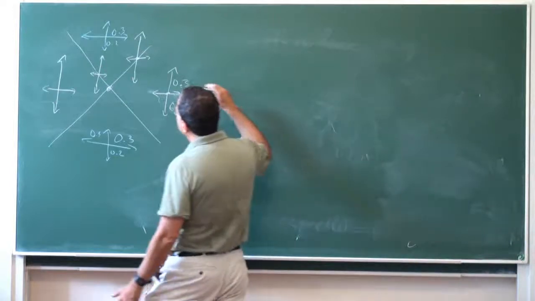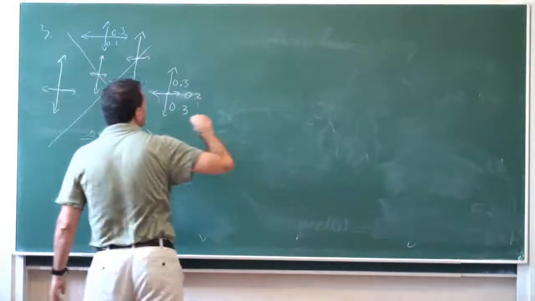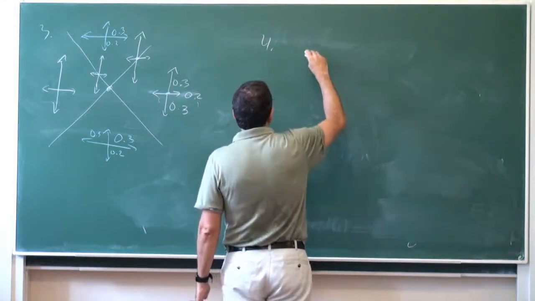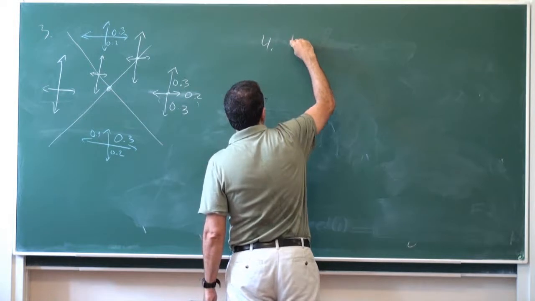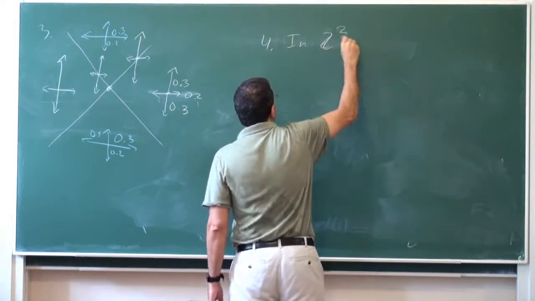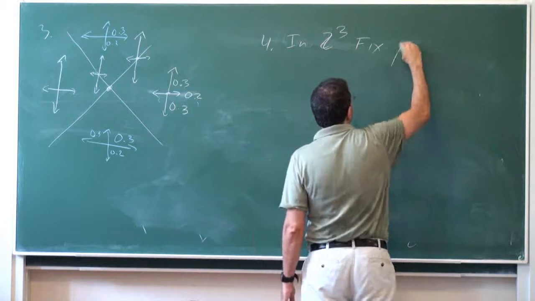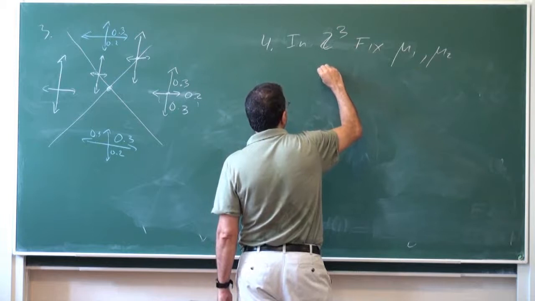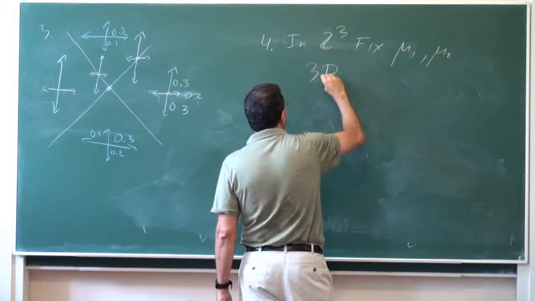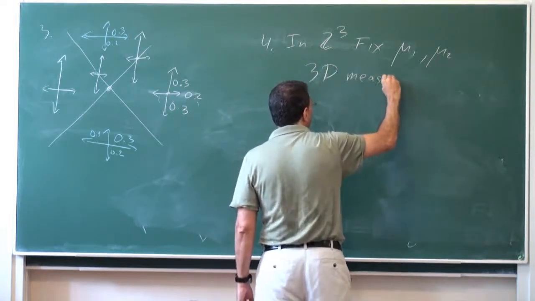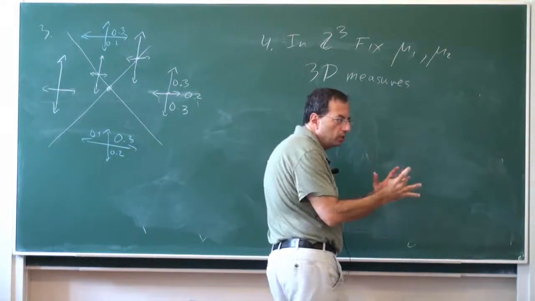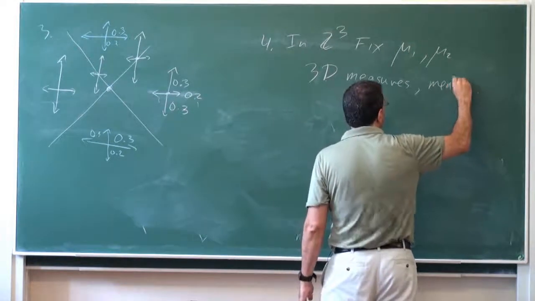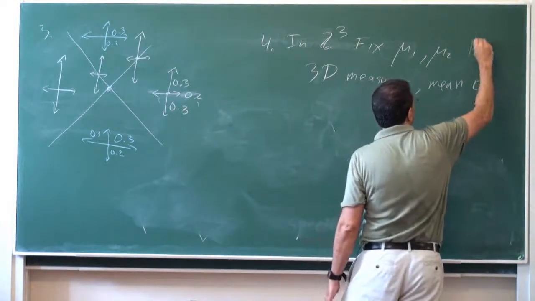And maybe, so this is the third example. I'll give one more. So in Z^3, fix two measures, mu1 and mu2, which will be three-dimensional measures. So they're not supported on some hyperplane in Z^3. They'll have mean 0, and they will have bounded support.